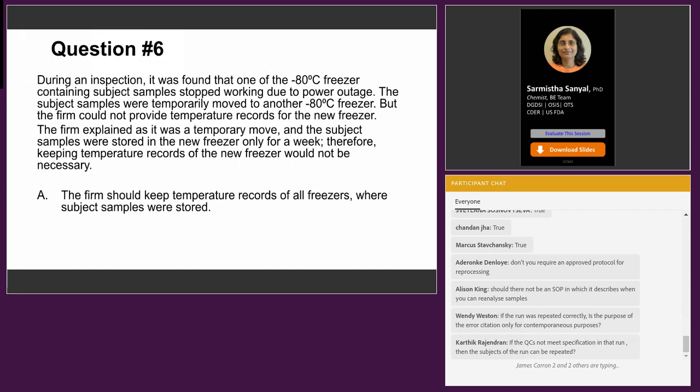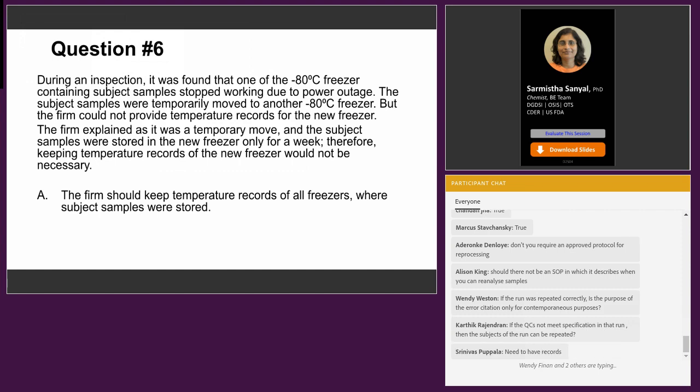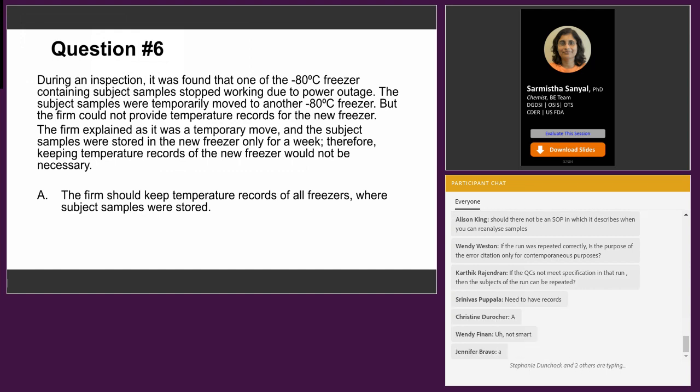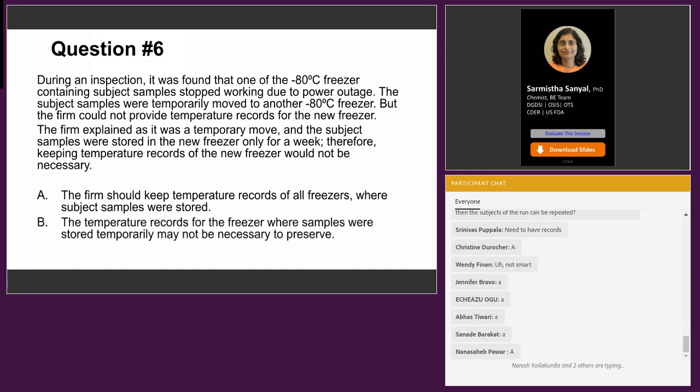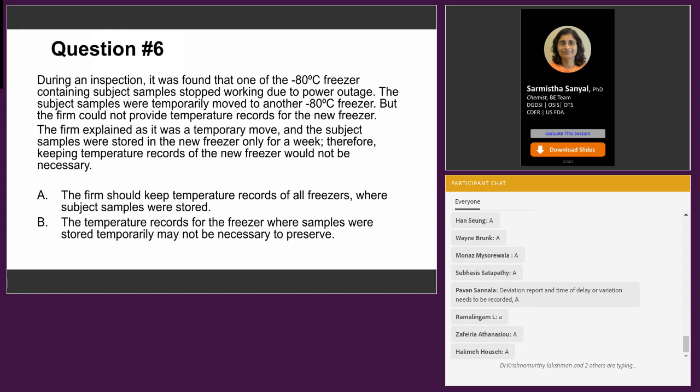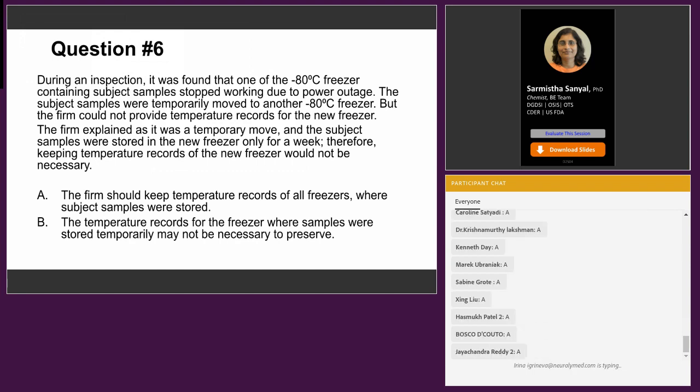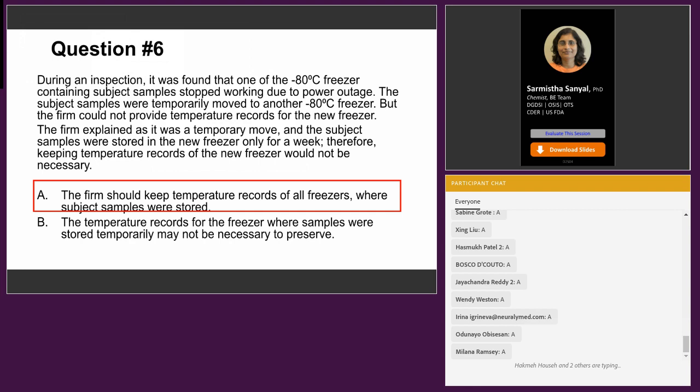So the options for answers are: A, the firm should keep temperature records for all freezers where subject samples were stored, and B, the temperature records for the freezer where samples were stored temporarily may not be needed to preserve. And I'm seeing overwhelming A in the chat box, and that's the right answer.